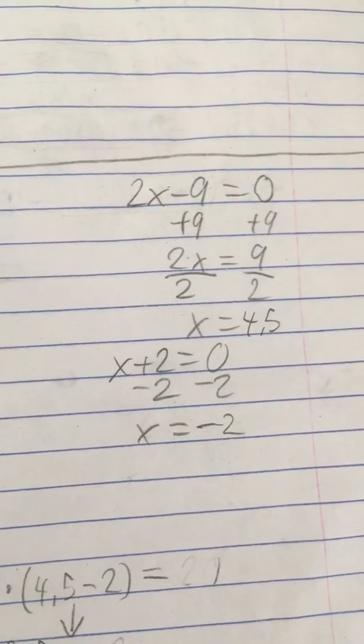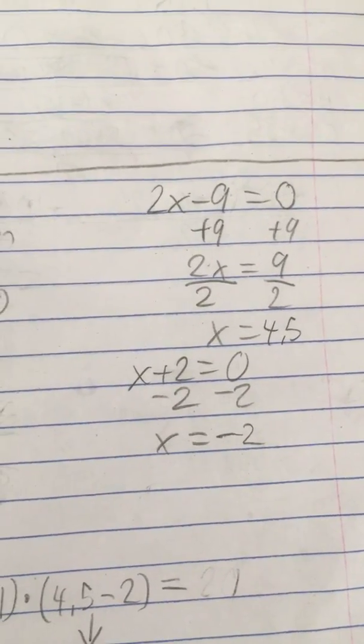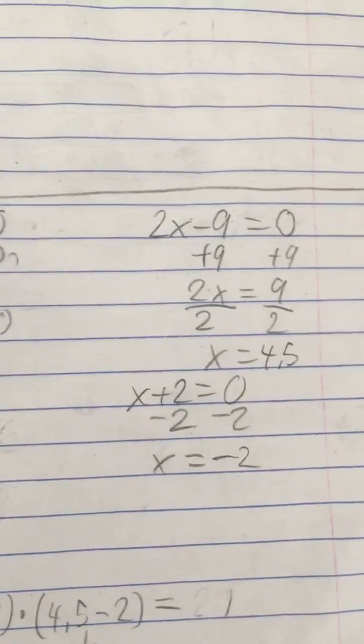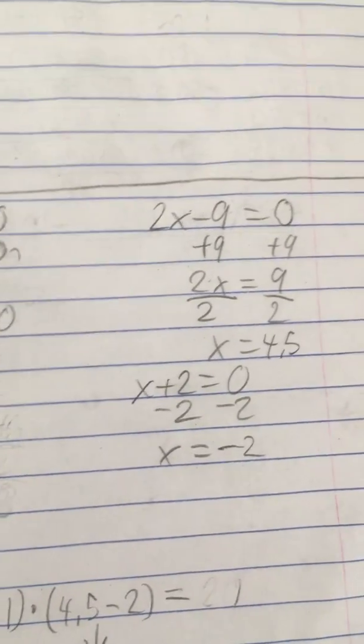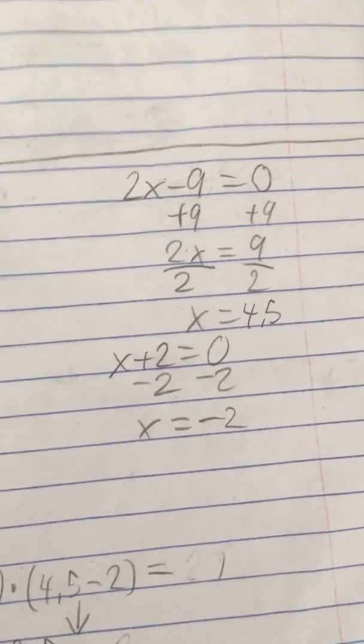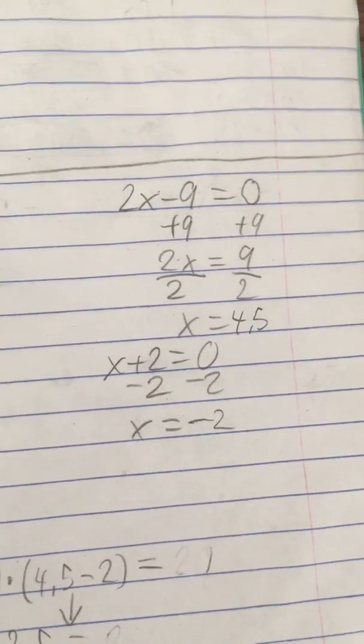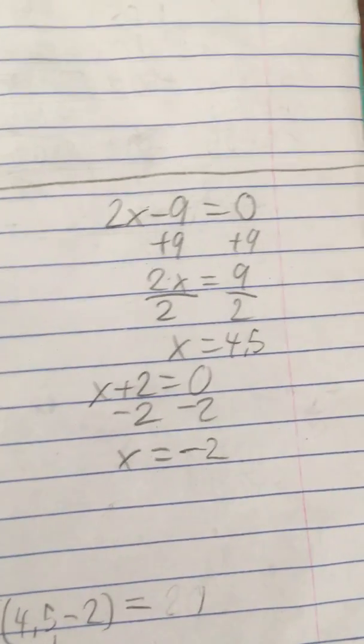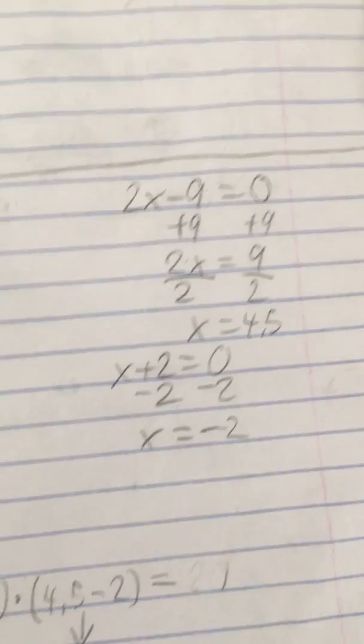And then x plus 2 equals 0, so we're going to subtract 2 from both sides and get x equals negative 2. Since you can't have a negative length, we're going to check to make sure 4.5 is the answer.